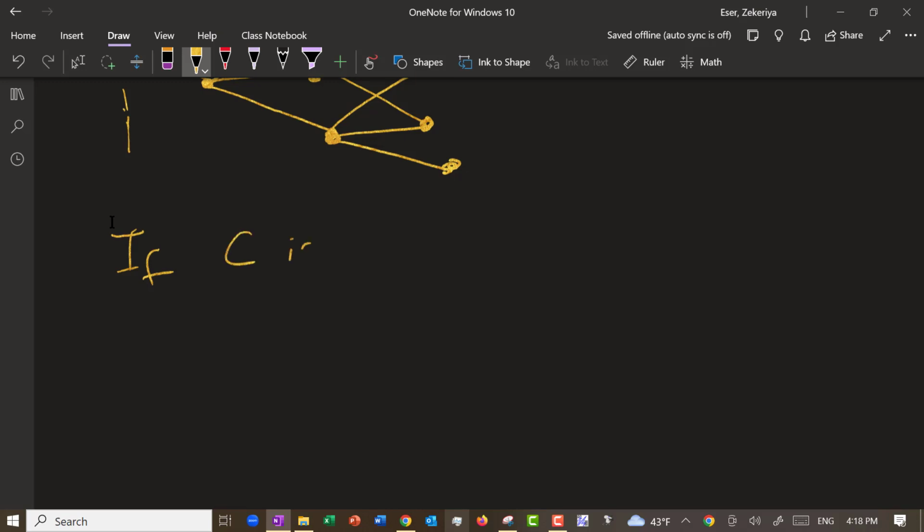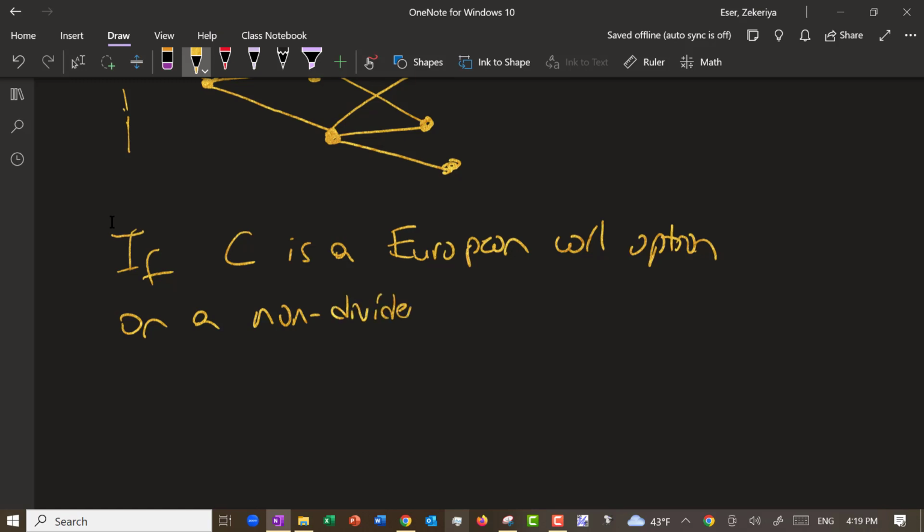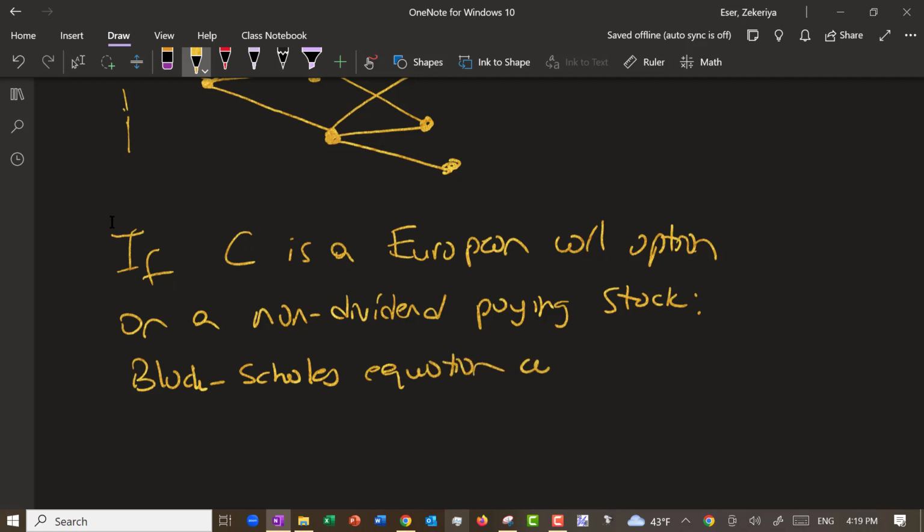If C is a European call option on a non-dividend paying stock, then the Black-Scholes equation can be solved analytically.